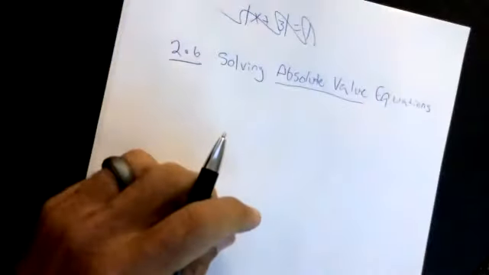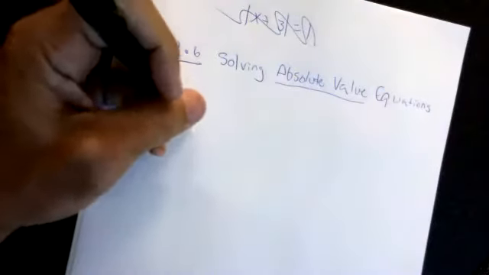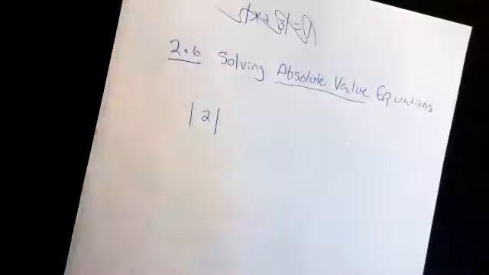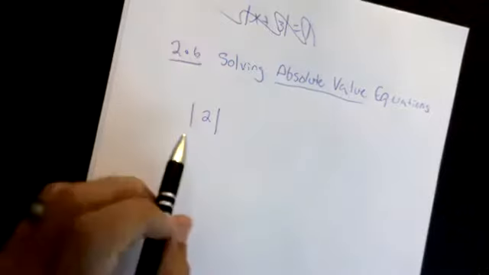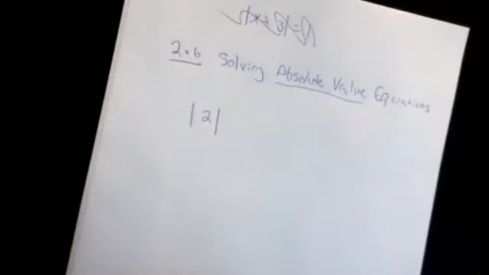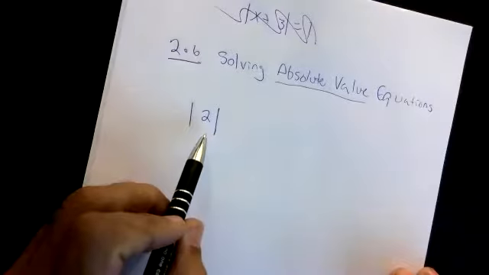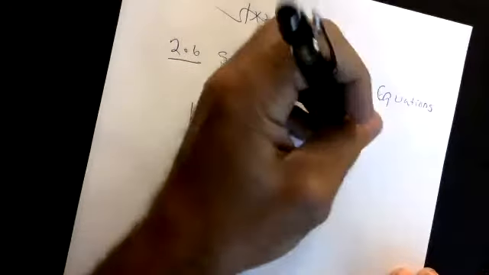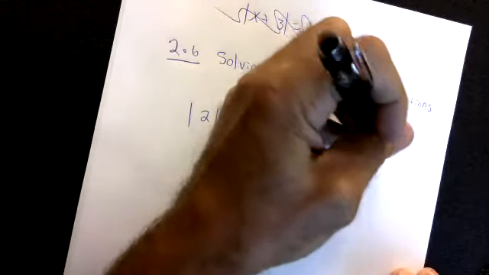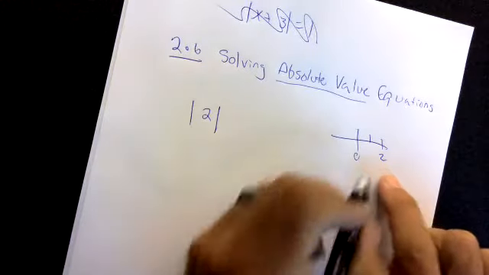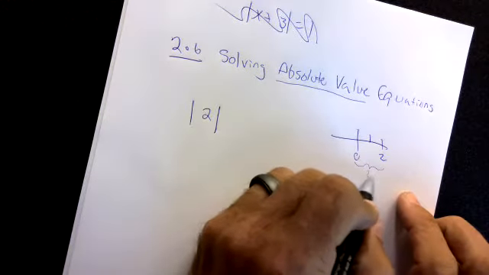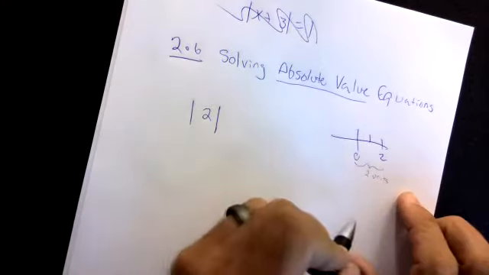First off, absolute value. Absolute value as a symbol are these vertical straight bars. What these vertical bars are saying mathematically is the distance a number is away from zero. So the absolute value of 2 on a number line, if this is 0, the number 2 is 2 units away.